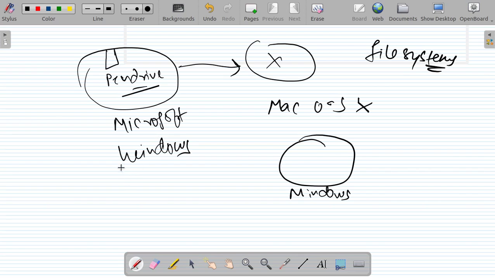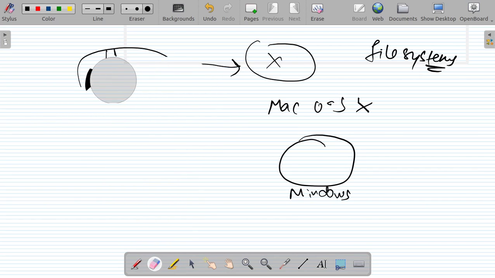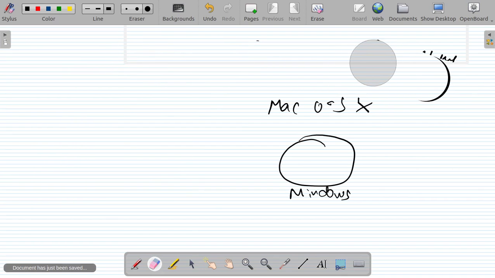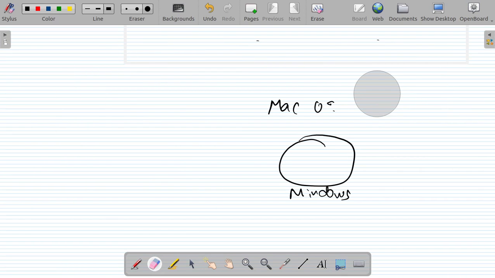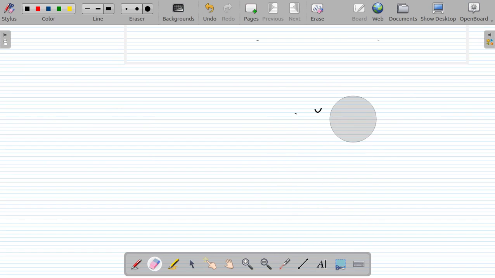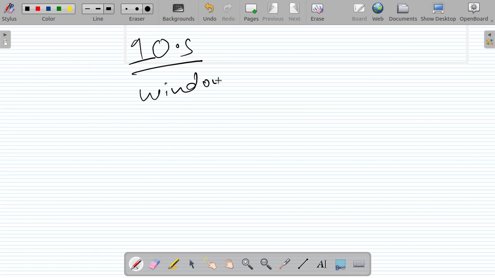So if you are a geek and you are very fond of learning about computers, why should you stick to only one operating system, which may be Windows, Mac OS, or Linux if you have already started working on it?